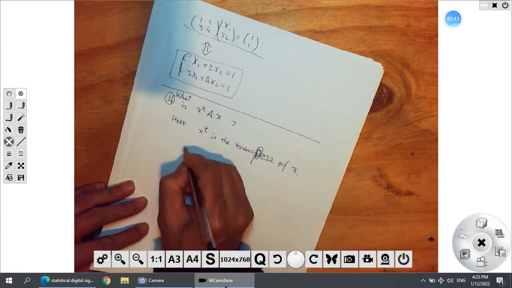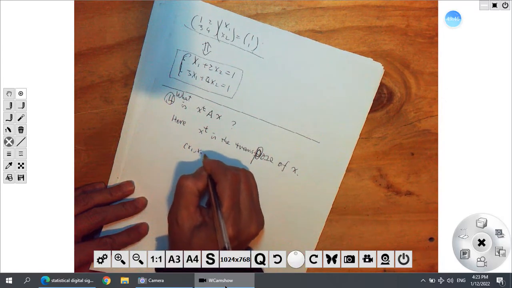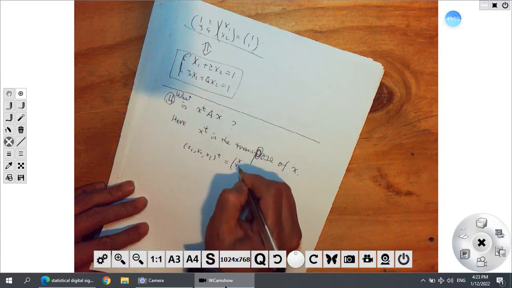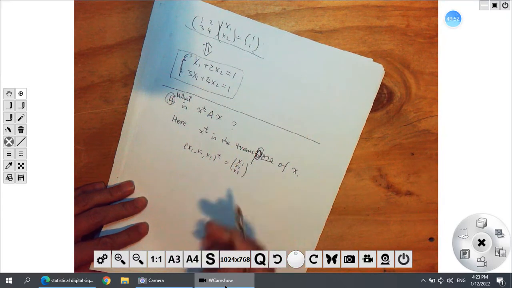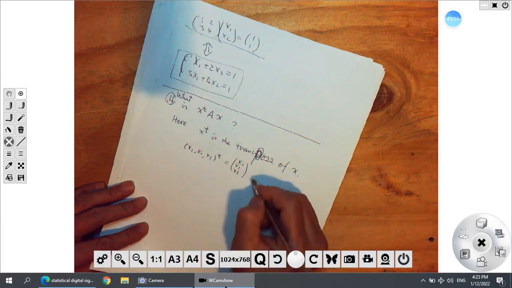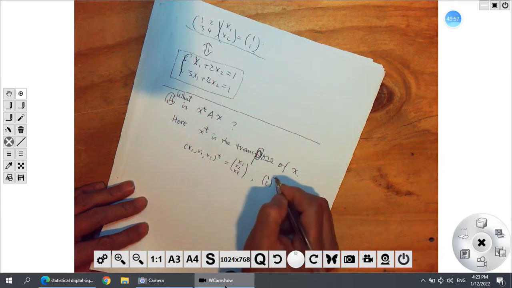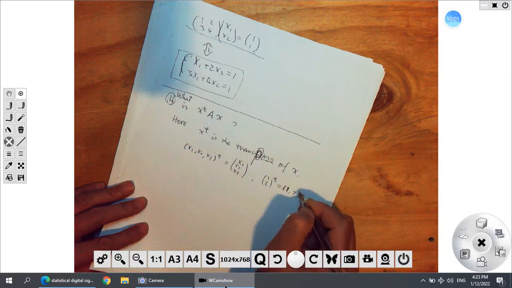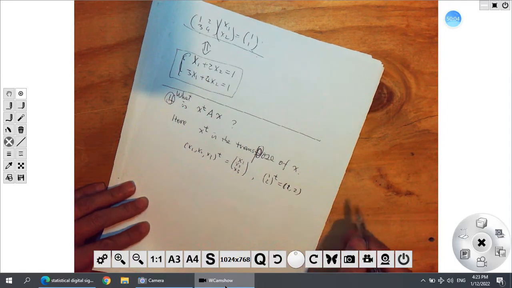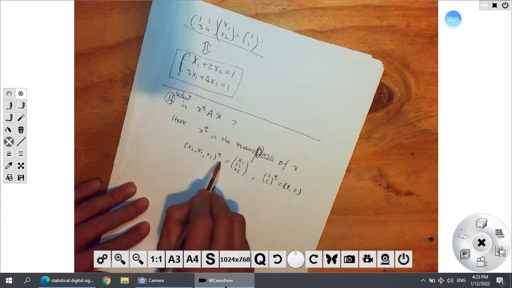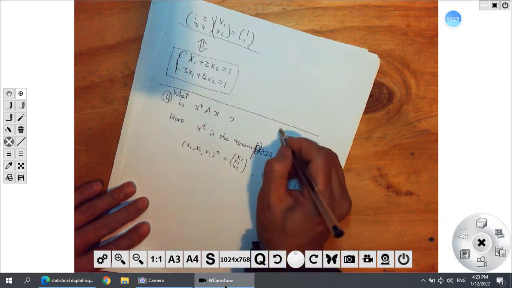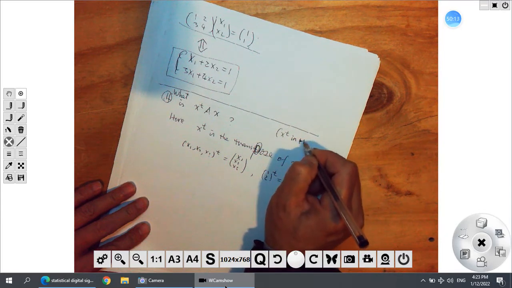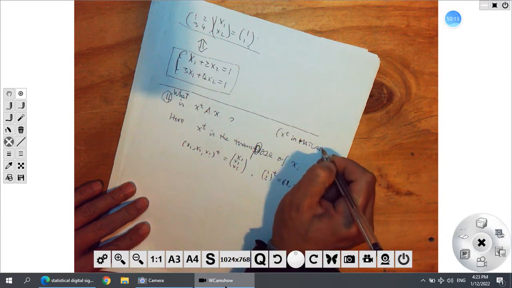For example, x1, x2, x3 transpose equals x1, x2, x3 as a column. We just change the row into a column. The transpose of 1, 2 is still 1, 2, but the row turned to be a column. You can switch a row vector and a column vector by a T. In MATLAB, x transpose is x prime.